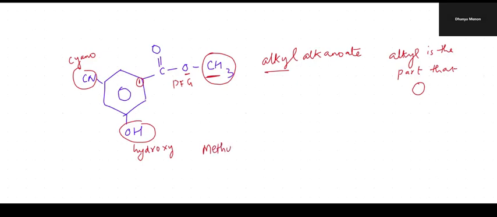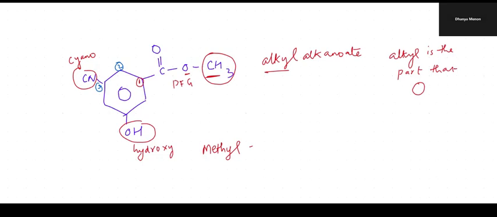So methyl. Now, at the numbering, if I number from this side, 2, 3. And if I number from this side, 2, 3. Both the substituents are getting the third position. So in this case, we will go with the alphabetical order. We will not number from this side.